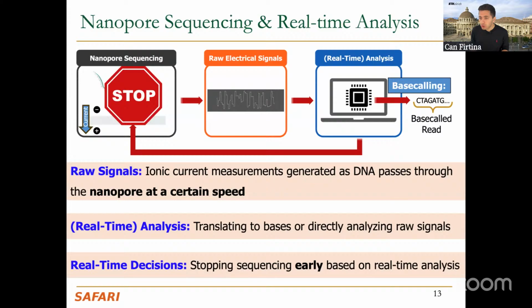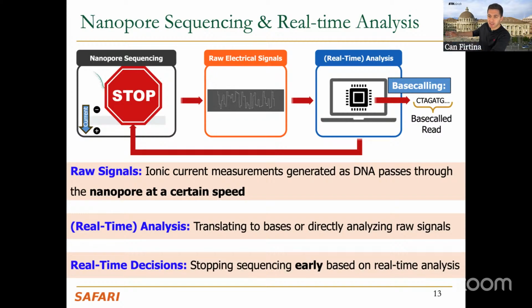What's even more important is that by doing real-time analysis, we can also talk to the sequencers. Since this is real time, we're not doing this analysis after the sequencing is done. We're doing this analysis in real time as the sequencing is happening. We can give feedback to the sequencer. For example, if we understand that the read we're sequencing at a particular time is not interesting for us, for example, we realize that this DNA is contaminated in our sample.